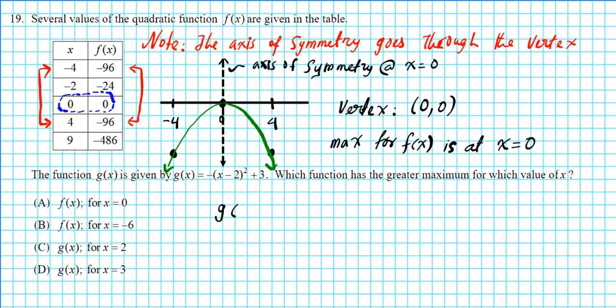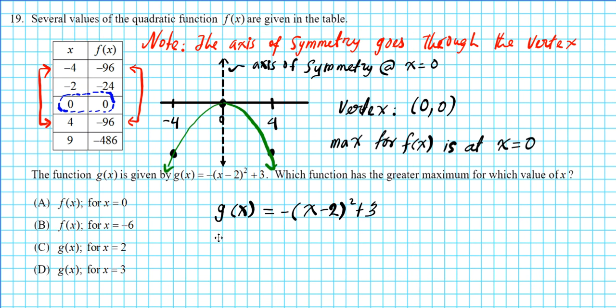g of x is negative quantity x minus 2 squared plus 3. Now we just need to determine the vertex for this, because since it's negative, we know it's opening down. They both have a maximum. So what's the vertex here? Because the y-coordinate of the vertex tells us the value of the maximum.